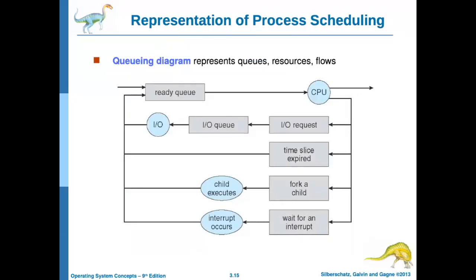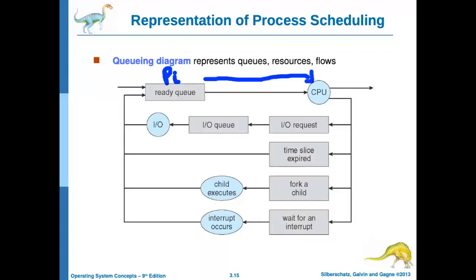Now have a look at this queuing diagram, which represents different queues, resources, and flows. Think of any process Pi which is in the ready queue, selected by the scheduler. Once selected, it will move here, so now it is running.